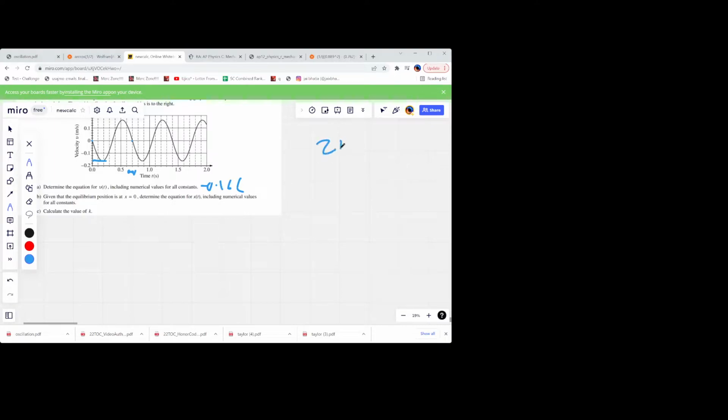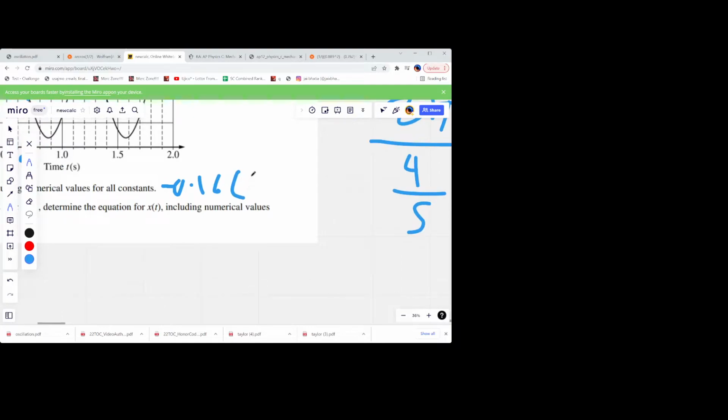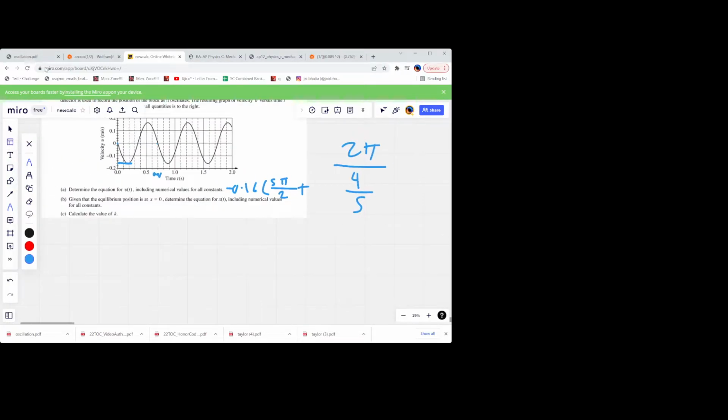So that's 2 pi divided by 4 over 5, which is 10 pi over 4, 5 pi over 2. So 5 pi over 2 times t. Now our phase shift is 0. Oh, and there should be a sine. Sine 5 pi over 2 t. And it's minus, which is good.